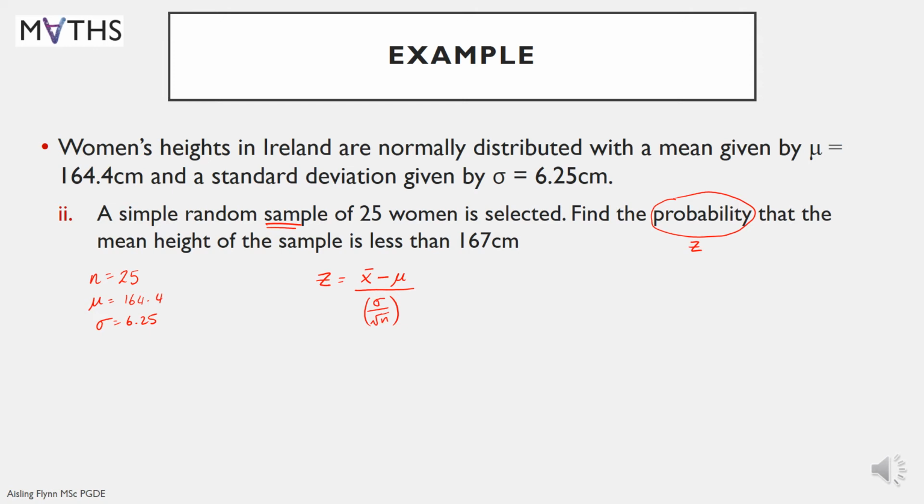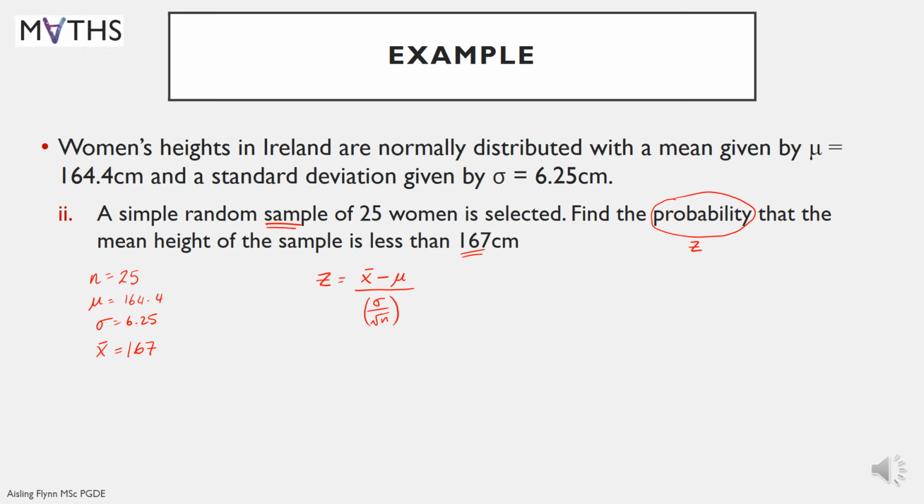and what do we also have? We also have the sample figure. They're asking us to test about 167, so we'll use that as our x bar, sigma, and n is 25.